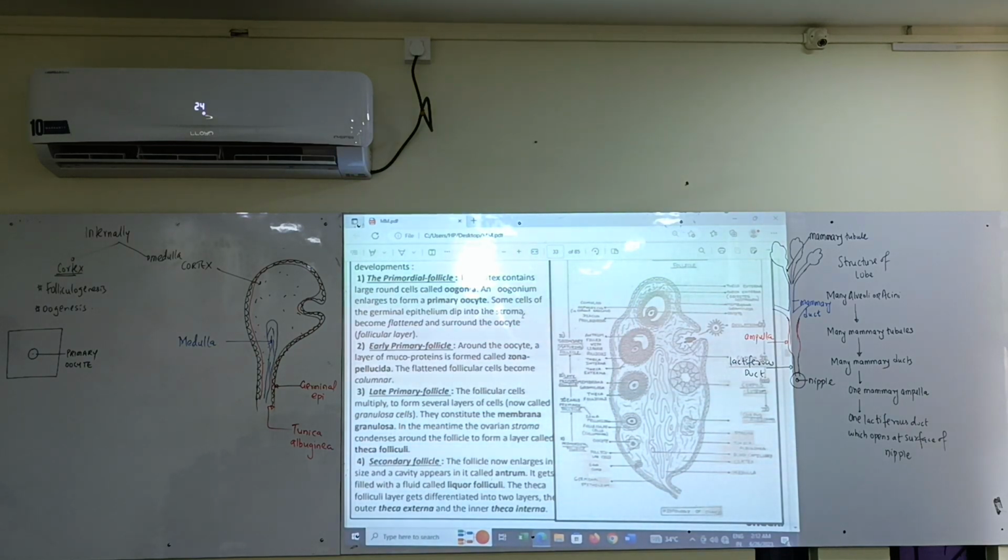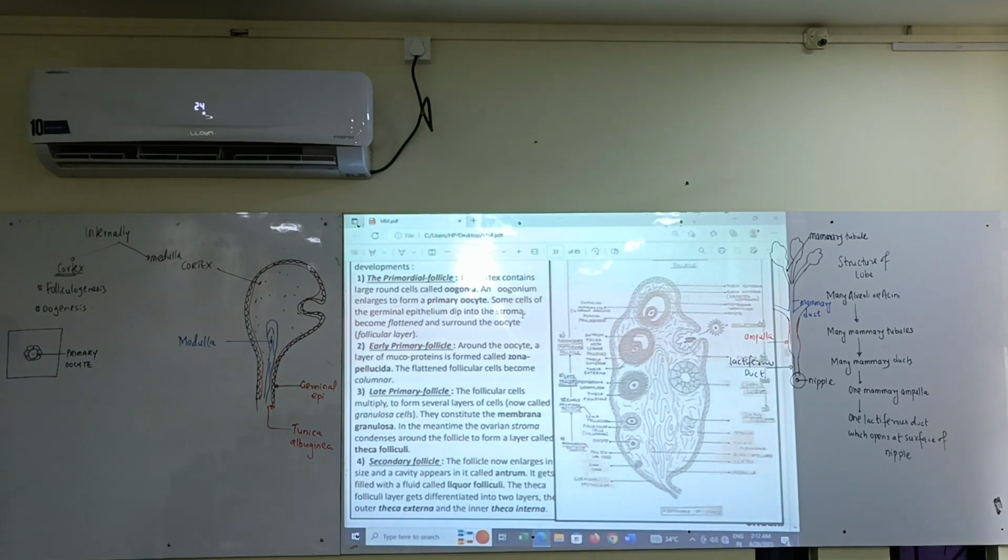And this primary oocyte is surrounded by these flattened cells. It is surrounded by the flattened cells, which have been derived from the cortical tissue.